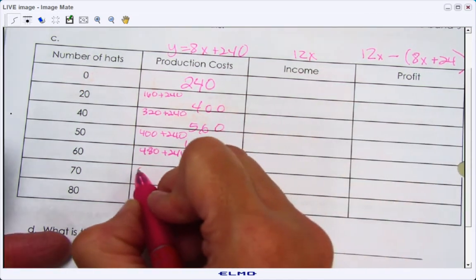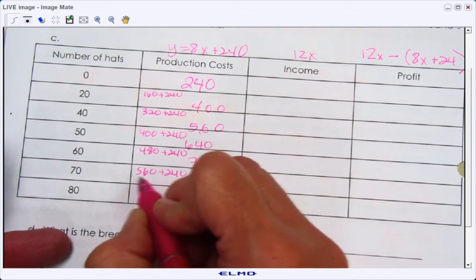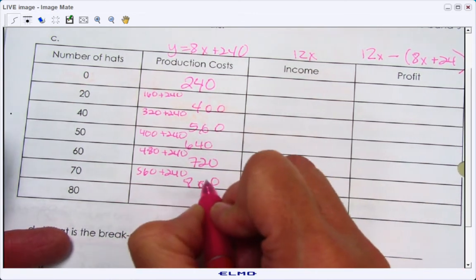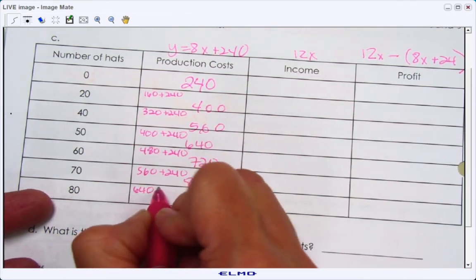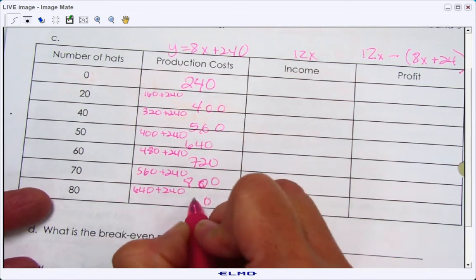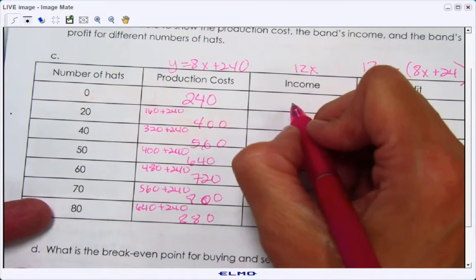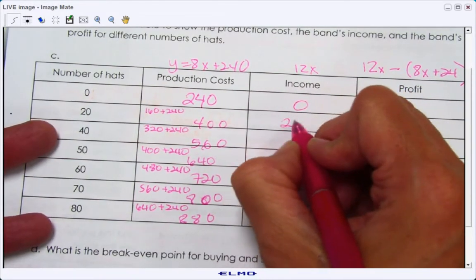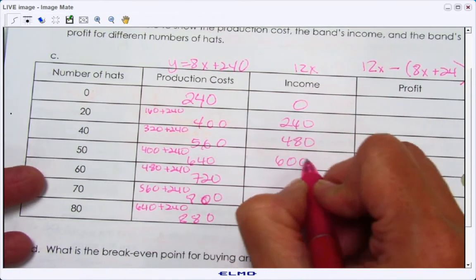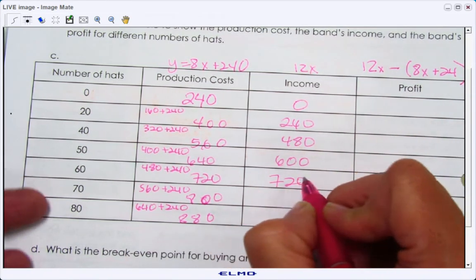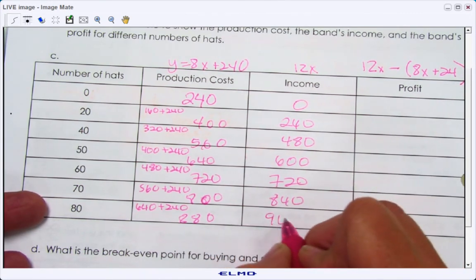This is 560 plus 240, and I do know how to add. That's 800. Oops, that's a 0. That's 640 plus 240, 880. Now, if I did 12, so that's going to be 0. That's going to be 240. That's going to be 480. This is going to be 600, 720, 840, and 960.